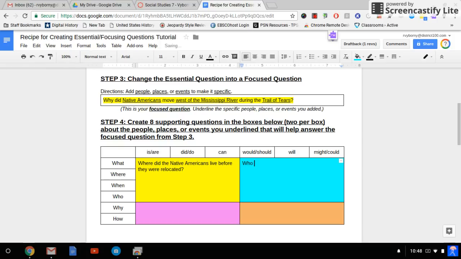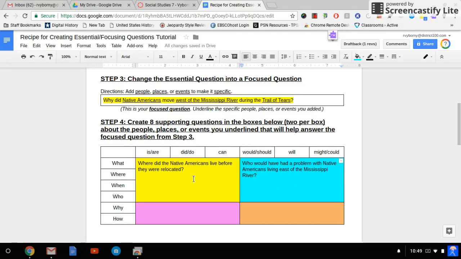How about, who would have had a problem with Native Americans living east of the Mississippi River? They were relocated from the east of the Mississippi River to the west, and I want to know who would have had a problem with the Native Americans living where they were. And that's a question, so I better put a question mark on there.